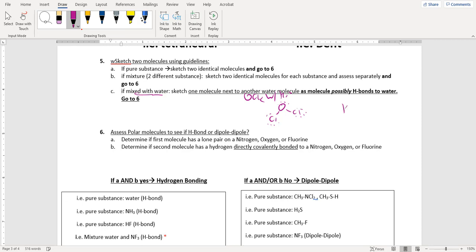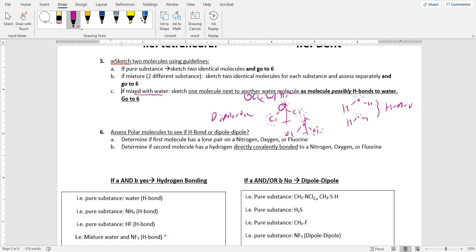So I draw both of the molecules, figure out what the intermolecular force is, assess them individually. So I draw two water molecules, and I can figure out that that's going to be hydrogen bonding. I draw two OCl2 molecules, and I figure out that that is going to be overall dipole-dipole.